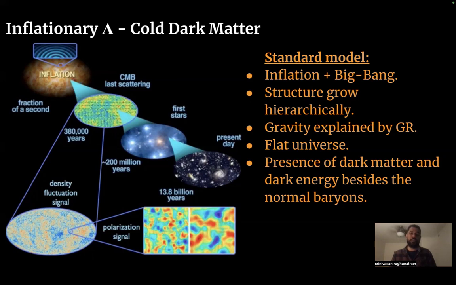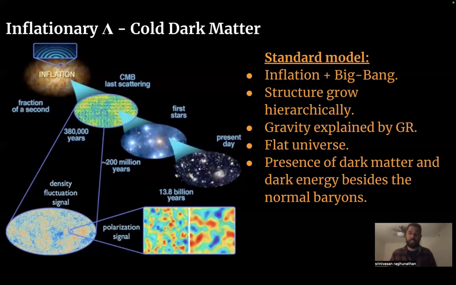Then later, the universe expanded further and cooled further, but it also started forming structures and stars. As time progressed, we start to have bigger and bigger structures like galaxy clusters and superclusters that we see today.